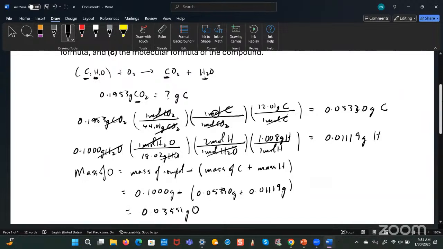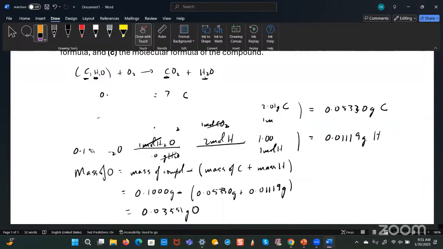So now that we have the masses of those three elements, we can now move on to determining the percentage of each element present in a compound. Okay, so is it okay for me to erase some of this? All right, so let me just erase this here.